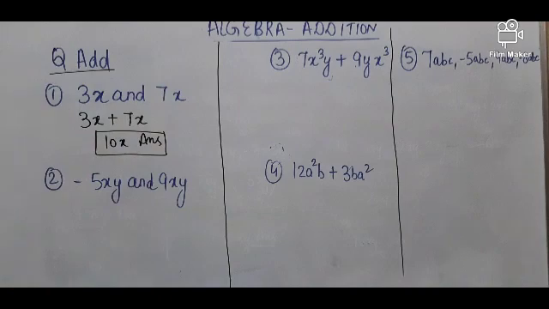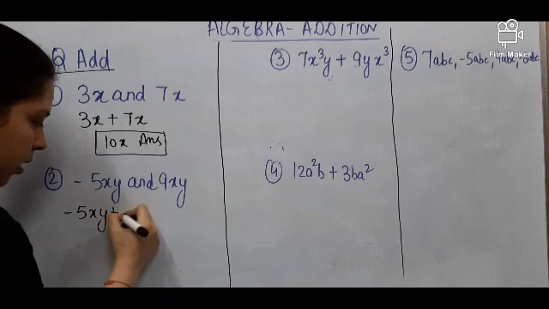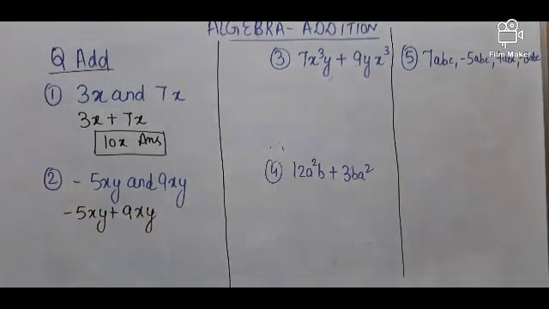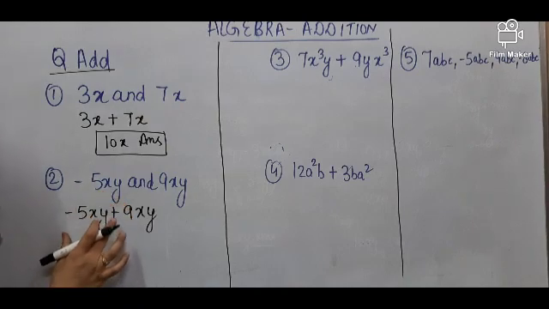Next is minus 7xy and 9xy. In this question, I have one negative term and one positive term, so I can write it like this: minus 7xy plus 9xy. Both are like terms, so I have to add them.